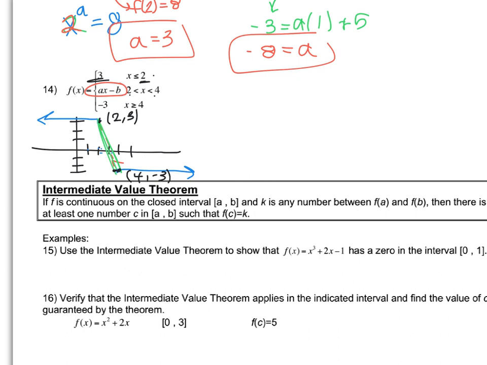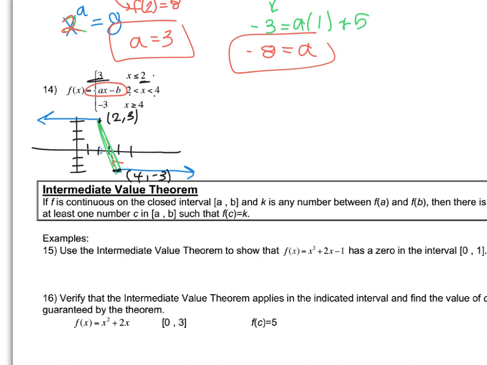So let's just finish the problem doing that, and then I'm going to show you a second way that you can think about this. So basically what I've concluded here is I know I've got the point 2, 3 on my line, and I've also got the point 4, negative 3 on my line, which comes from just how the first and last piece of this piecewise function is defined.